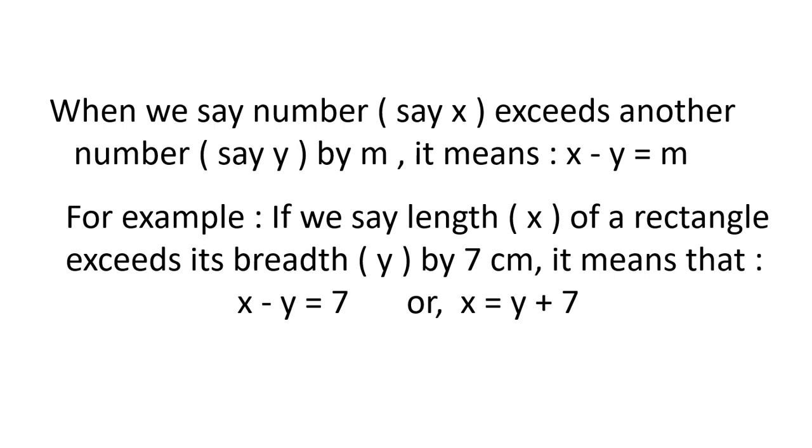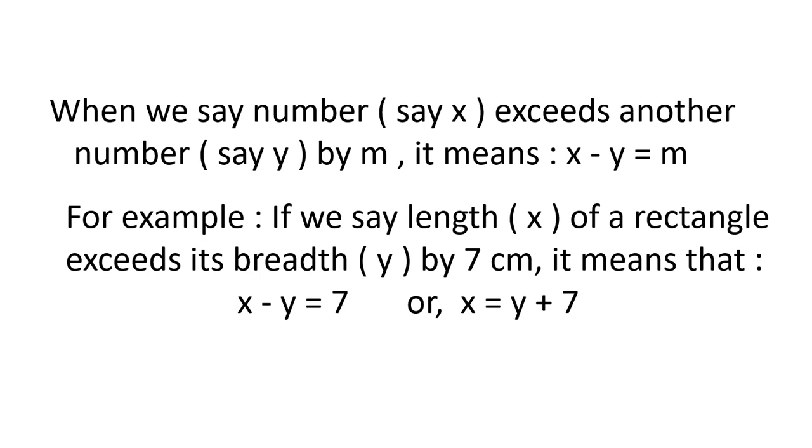When we say a number, say x, exceeds another number, say y, by m, it means that x minus y is equal to m. Instead of the word exceeds, we can also write is more than, is greater than, is larger than.